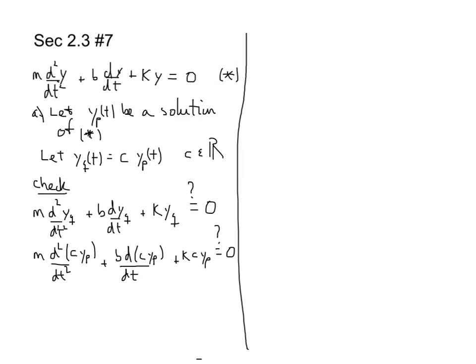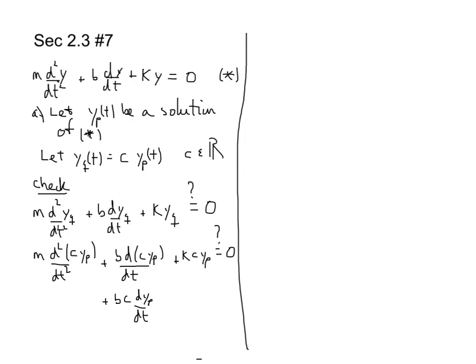Well, the derivative has the property that the derivative of a constant times a function is the same as the constant times the derivative of the function. The same is true for second derivatives as well. The process could be done twice.